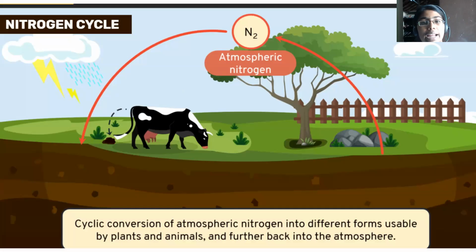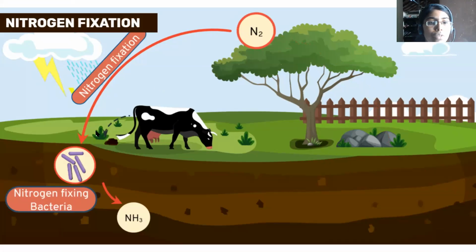So first is the atmospheric nitrogen available in our environment. It will be utilized by different plants and animals, and we are going to see in which way now. First, nitrogen fixation. That is, the nitrogen is getting fixed in the soil. For example, when we see lightning or when it is raining, the nitrogen goes and gets deposited in our soil.